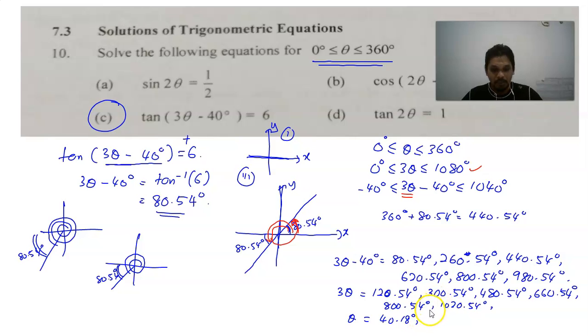Okay, 300.54 divided by 3 is 100.18 degree. 480.54 divided by 3 equal to 160.18 degree. 660.54 divided by 3 equal to 220.18 degree.